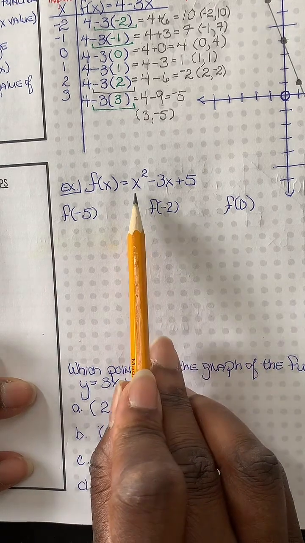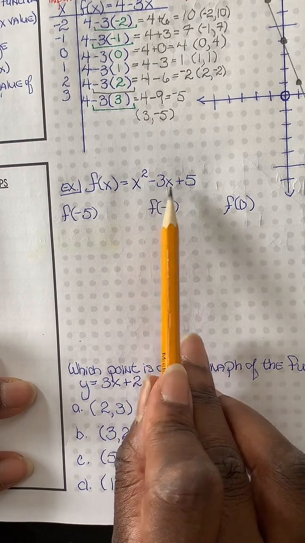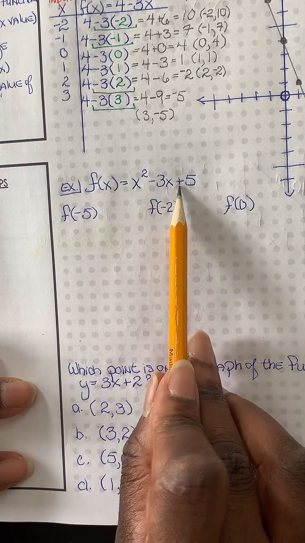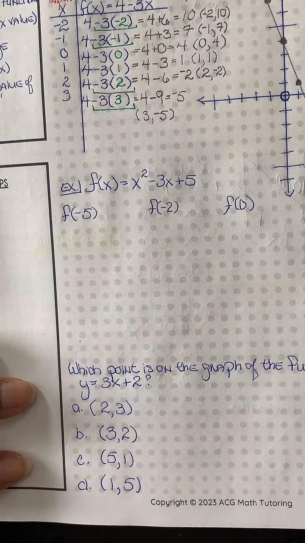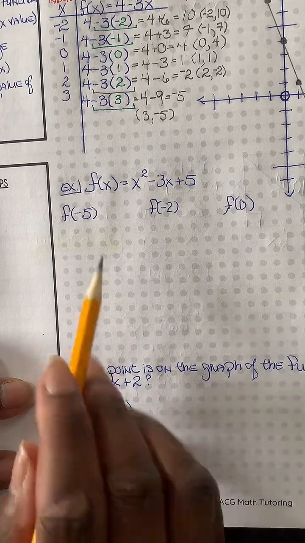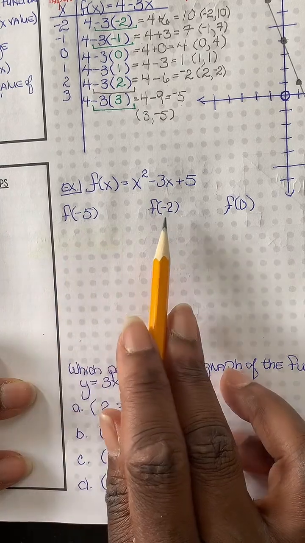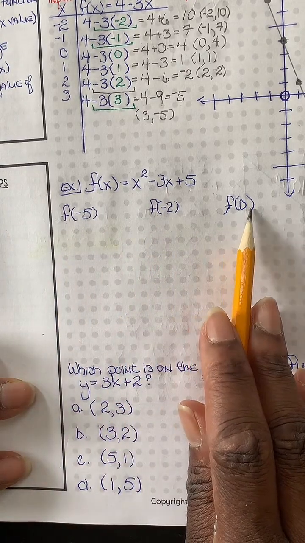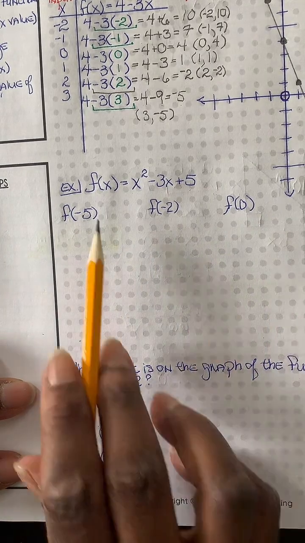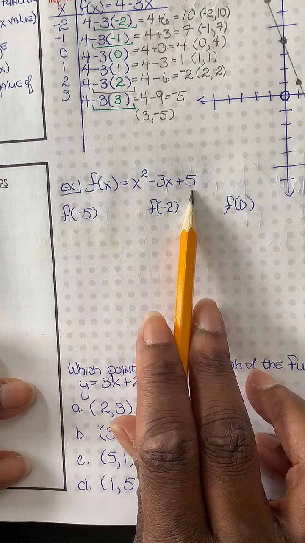Remember, we can tell this is a term, that's a term, and that's a term because they're being separated by plus or minus. But the way that you do it is exactly the same thing that we did earlier. So now we have f of -5. We want to find f of -2, and we want to find f of 0. So since this is the f function, we're going to use this function to find.